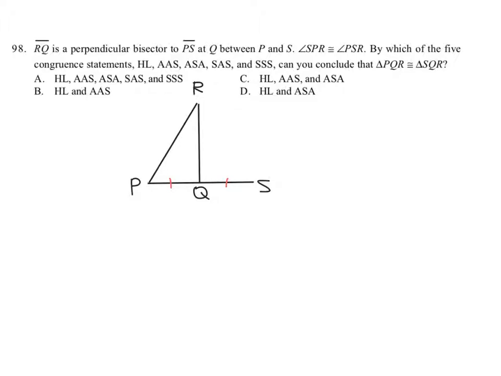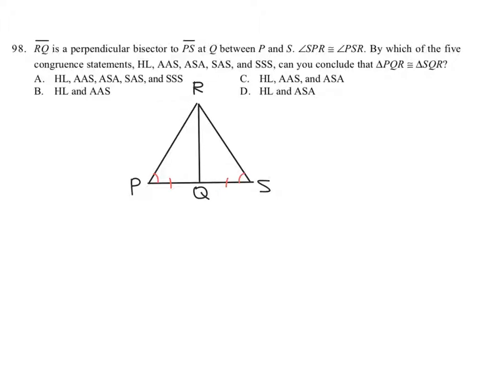That angle right there, which they're just talking about, is congruent to angle PSR. PSR runs from here to here, there to there. Okay, so I'm going to draw that one. And it says those angles are congruent, so I'm going to put a mark here.